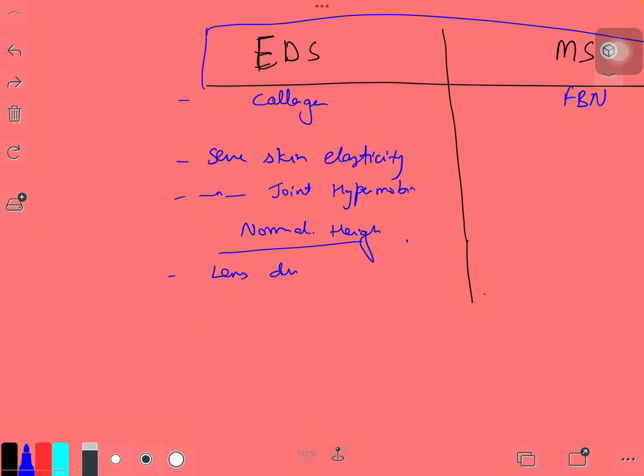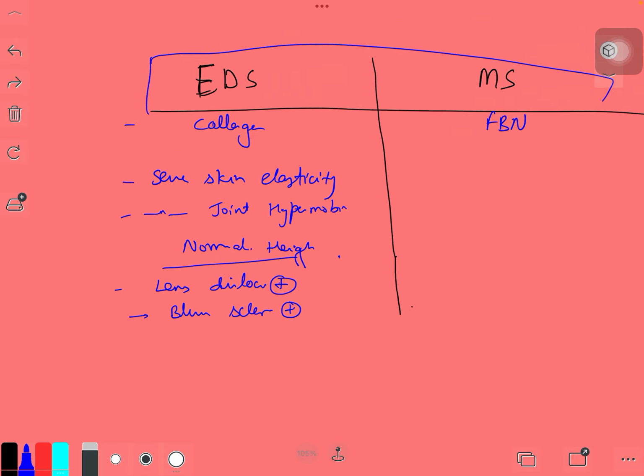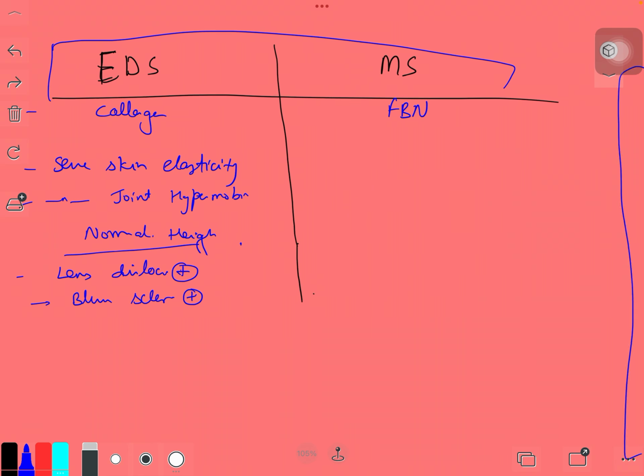Over here, lens dislocation is more common. Lens dislocation is present over here, right? However, over here, blue sclera is more common in EDS.